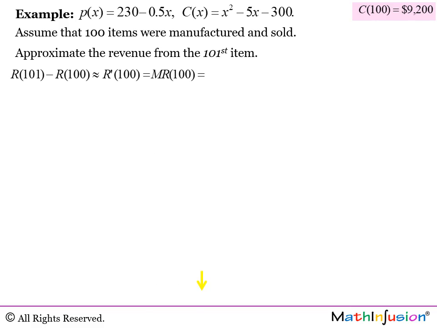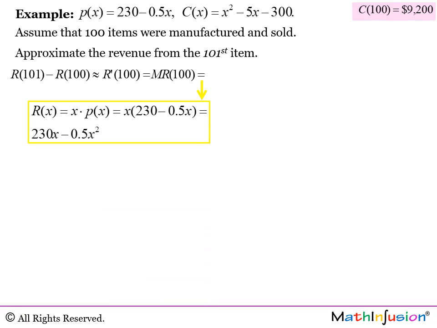First, we have to find the revenue, and the revenue is just x times p(x). And now we have to differentiate that. Now let's substitute x equals 100. And we get that the approximated revenue from the selling of the 101st item is $130.